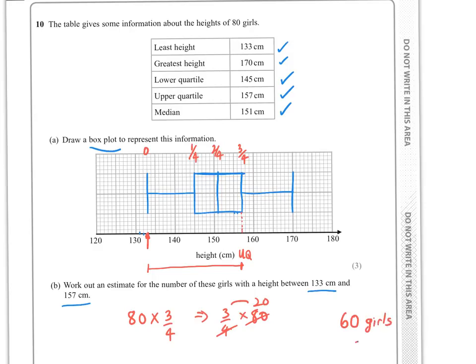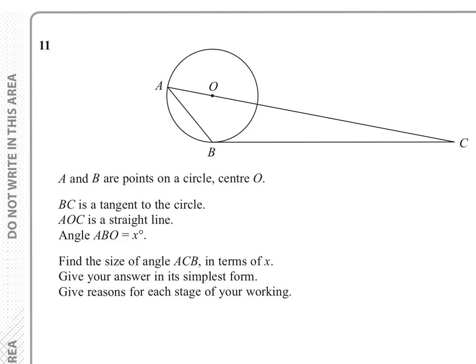Question 11. A and B are points on a circle centre O. BC is a tangent to the circle. AOC is a straight line, and angle ABO is x.